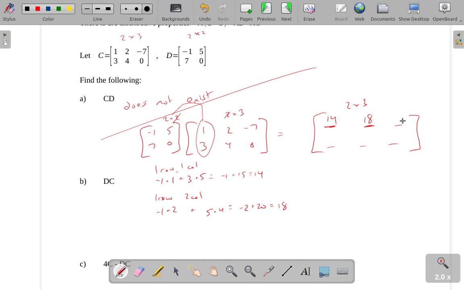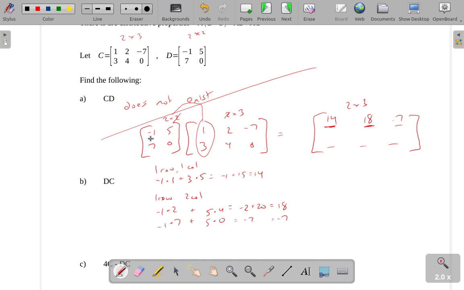And lastly, this one here, the 7 and the 0. There's the multiplication, there's the addition: -7 plus 0 gives me -7.